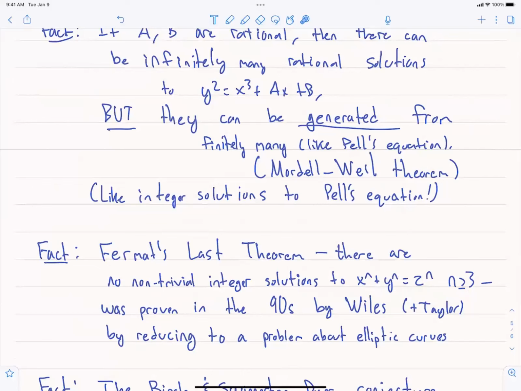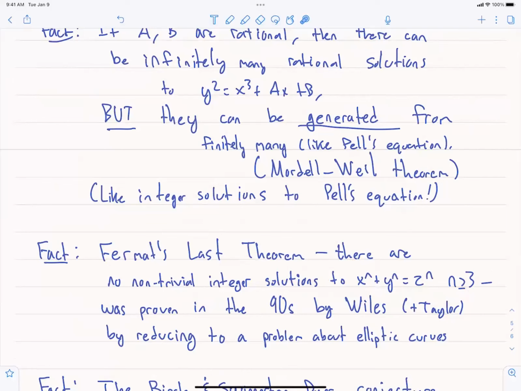Well, he didn't have a proof, and it took hundreds of years for someone to prove it. It was relatively recently, established rigorously in the 90s by Andrew Wiles with important assistance from Richard Taylor.